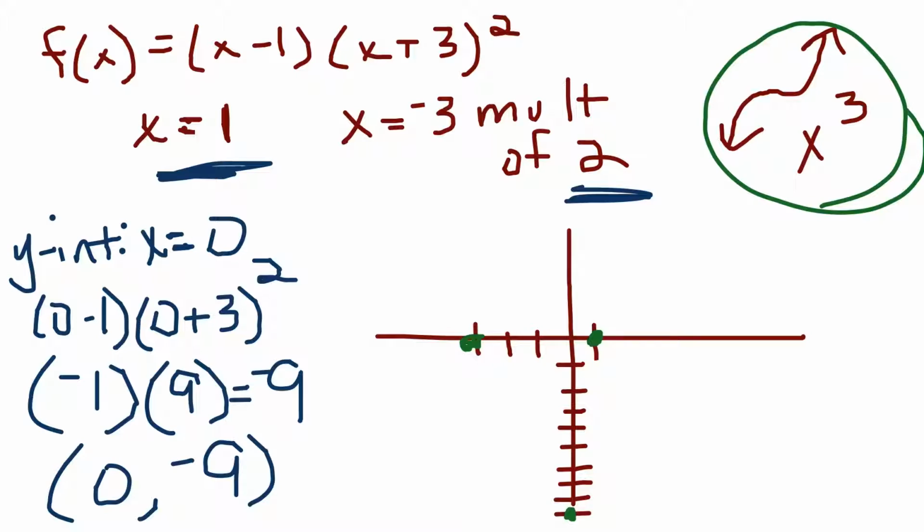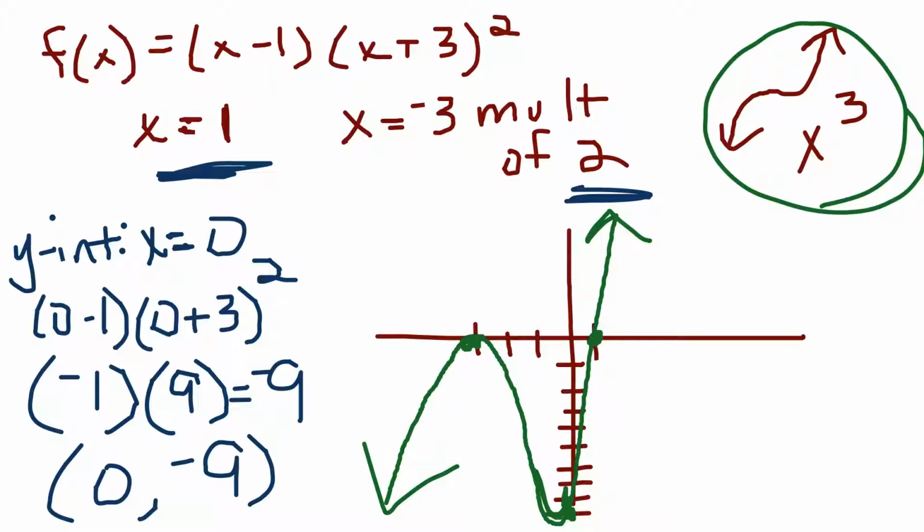So putting all of the pieces together, I'm going to shoot up, multiplicity of 2, so bounce back down. It's going to go through here. I don't know exactly the minimum, but I know it's coming out through, and then it's going to shoot back up here. So one thing to make note of is I don't know where it bottoms out.